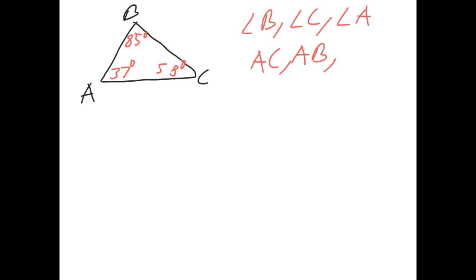And finally, angle A, opposite that is side BC. So again, we've ordered by length or size both the angles and the sides, but all we knew were the angles.